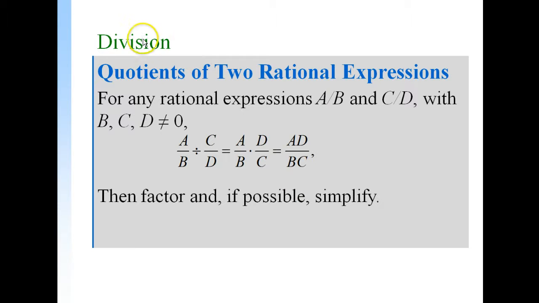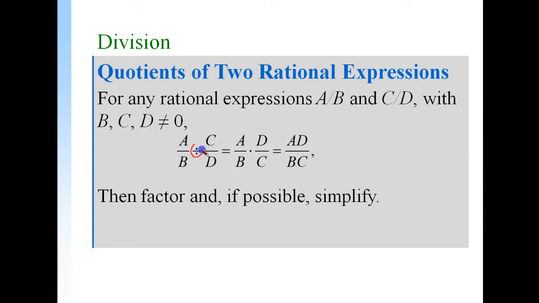All right, we're now jumping into division. Now, division of fractions is very similar to the multiplication of fractions. Just one thing different, if you recall from an earlier lesson.